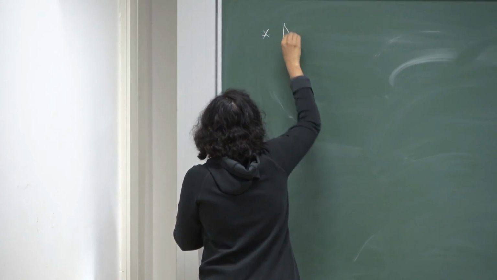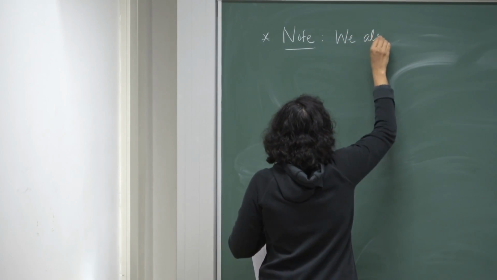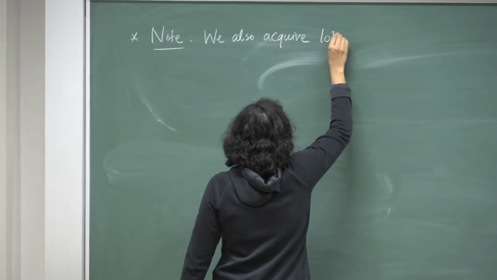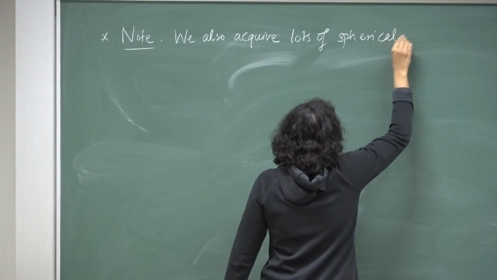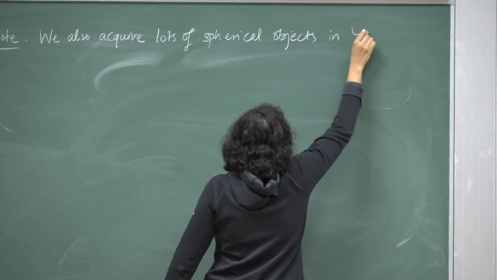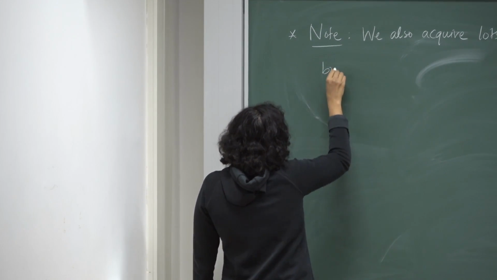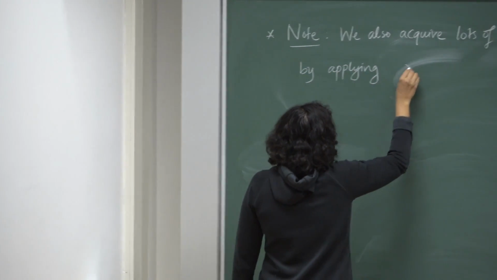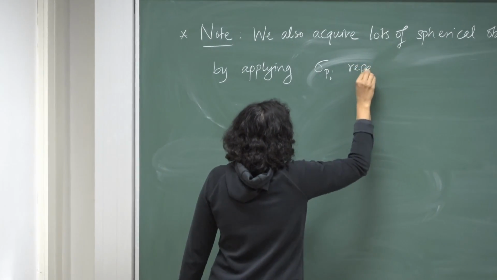Note, we also acquire lots of spherical objects in C, starting from the Pi's, by applying sigma Pi repeatedly to other Pj's.